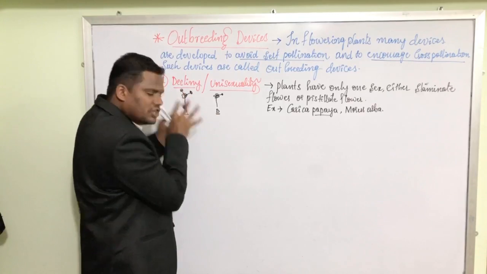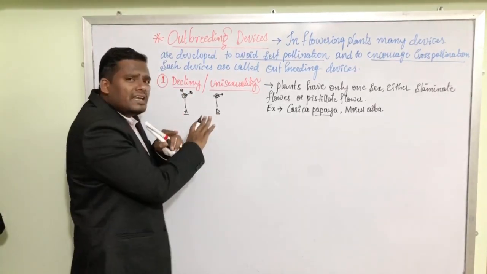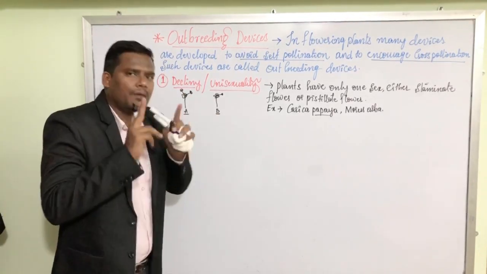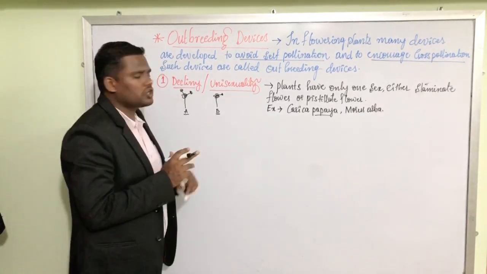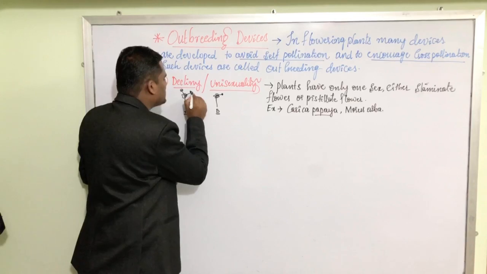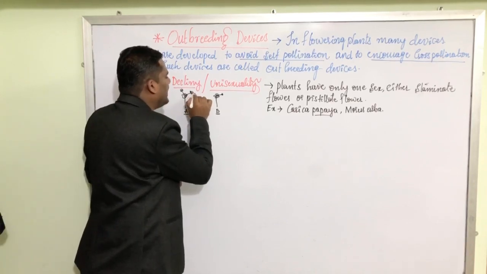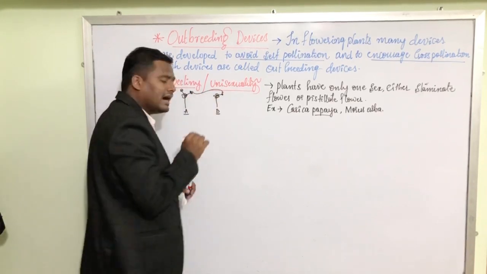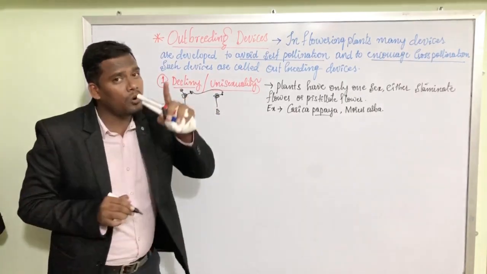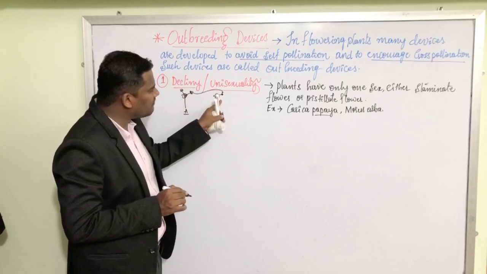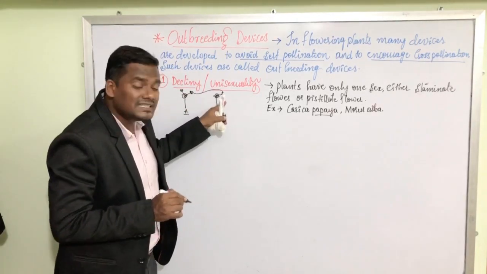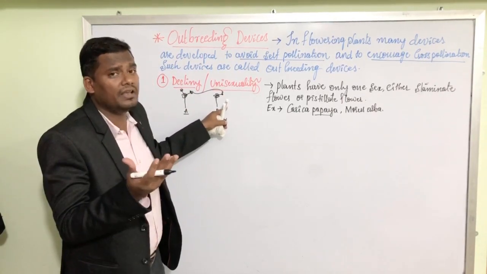If this is the situation, then there is no scope for self-pollination and there is only one chance of getting cross-pollination. Here the pollen grains are produced and all the pollen grains are dropped on the stigma of the other plant. If the pollen grains are dropped on the stigma of another flower of another plant, is it self-pollination or cross-pollination?